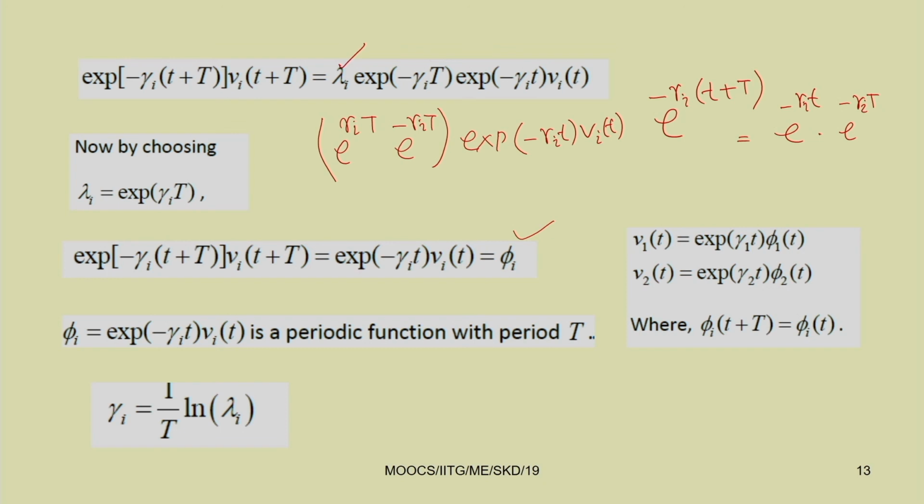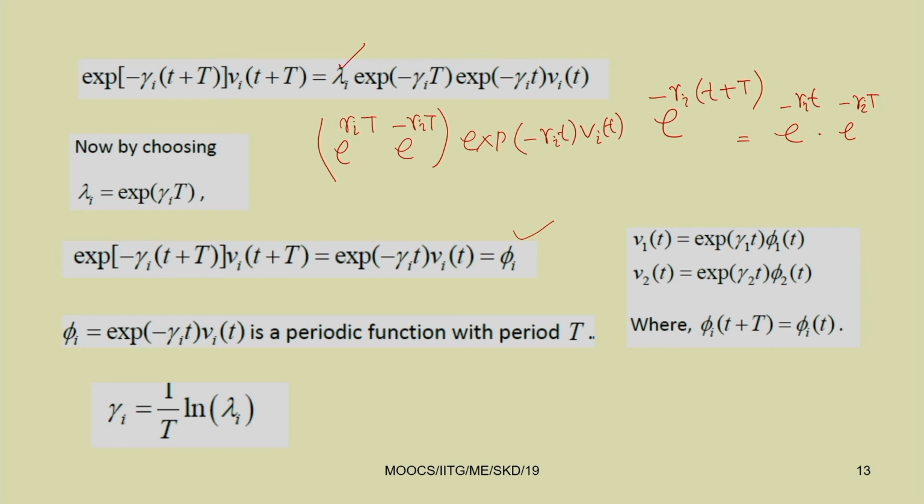If v_1(t) and v_2(t) are two solutions, then this multiplication e to the power minus gamma_i t v_i(t), which can be written as phi_i(t), will also be a solution. So, from this you can write v_i(t) equal to phi_i(t) into e to the power gamma_i t. So, v_1(t) can be written as e to the power gamma_1 t into phi_1(t), and v_2(t) can be written as e to the power gamma_2 t phi_2(t).